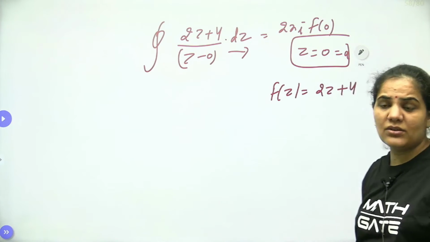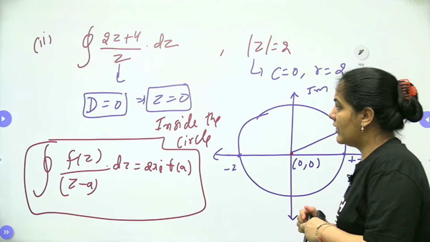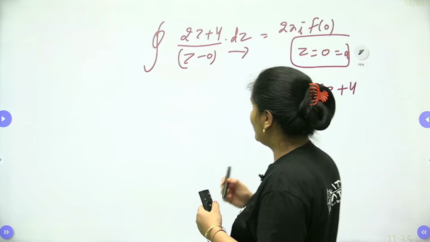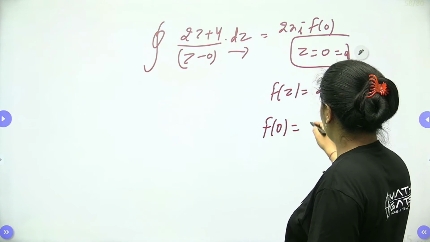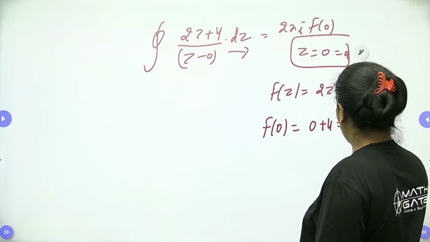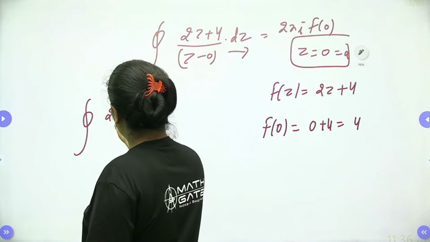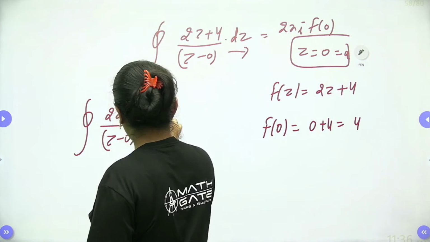Why do I write 0 here? Because it is 2 pi iota f of a, and the value of a is 0 here. So let's first find f of 0. It will be 0 plus 4, which is 4.